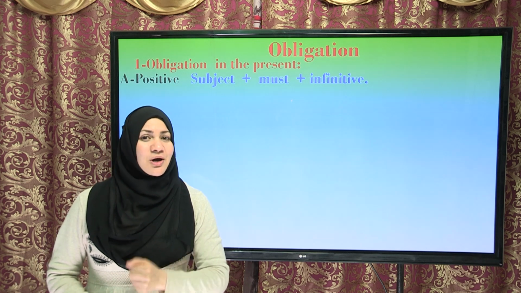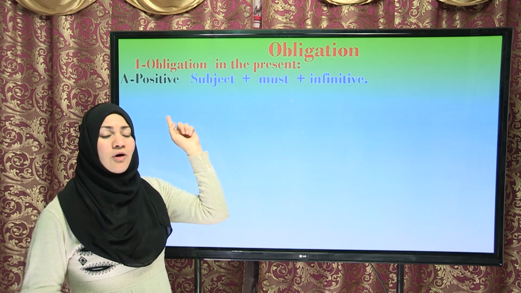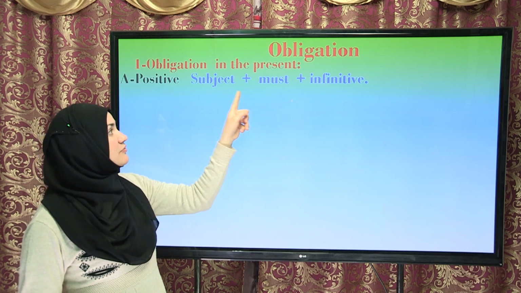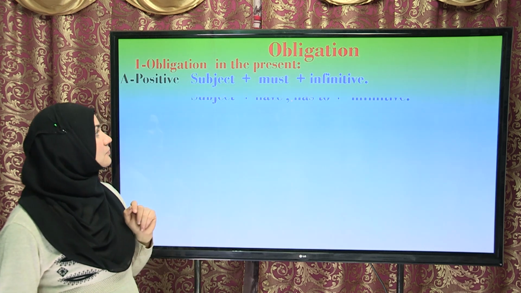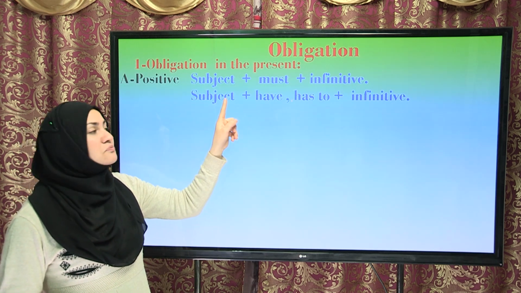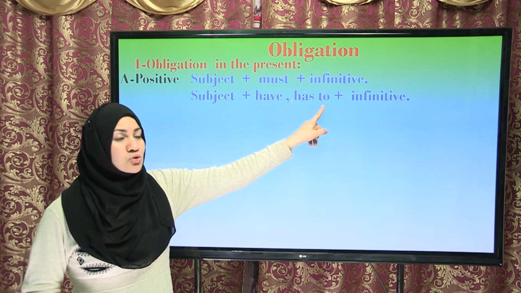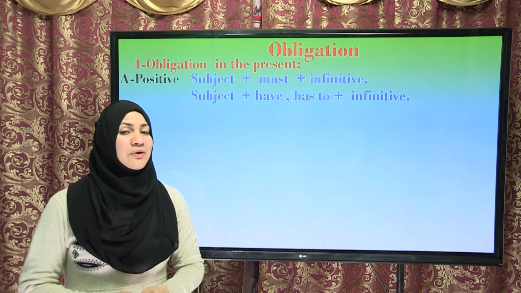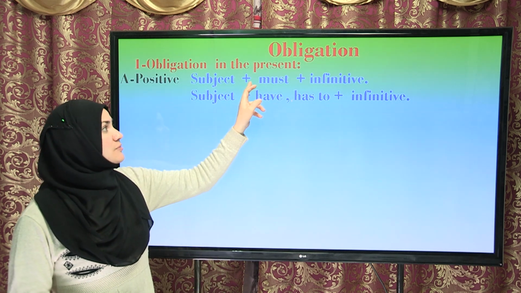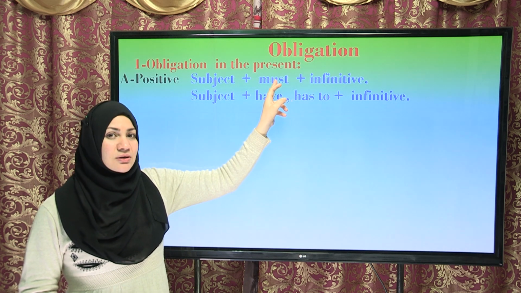The second point, we are going to see the form of obligation in positive. What is the verb that equals must? Subject plus have or has to plus infinitive. You see here, I will explain. Subject plus must plus infinitive. Must expresses obligation.